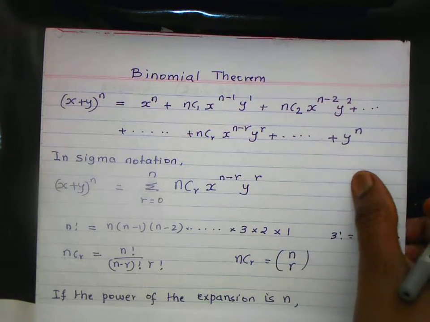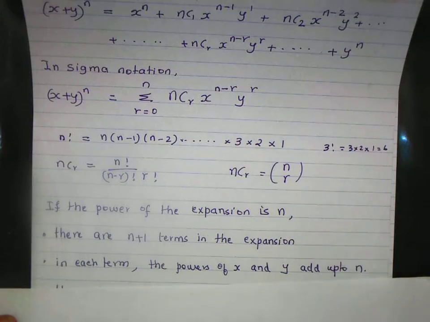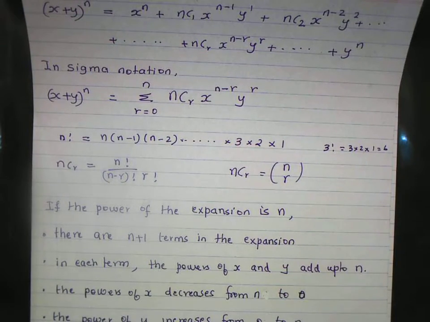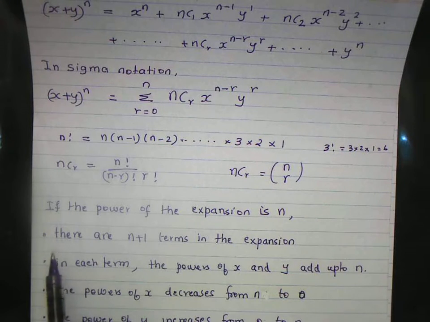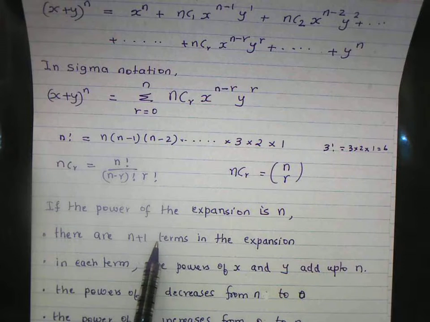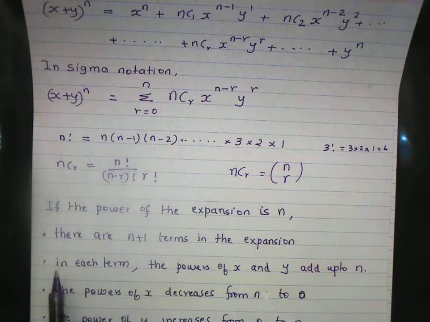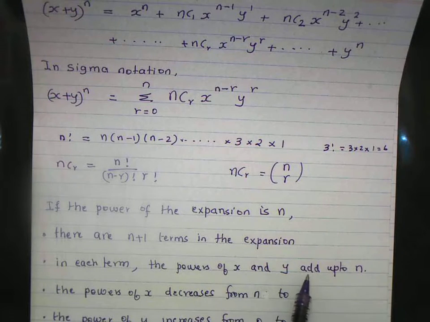Okay, now a few things we need to know when you do the binomial theorem. What are the things we notice? If the power of the expansion is n, then there are n plus 1 terms in the expansion. The second thing: in each term, the powers of x and y add up to n. The third one is the power of x decreases from n to 0, whereas the power of y increases from 0 to n.